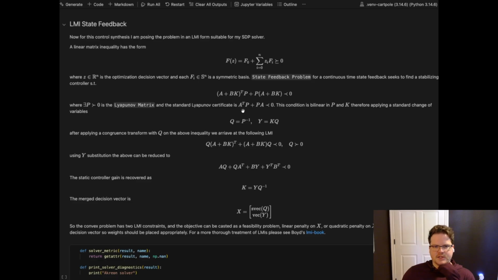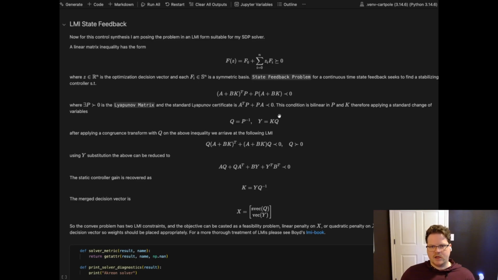So this is just, instead of A being an autonomous system, we have the closed loop feedback that we put in. And so it has to abide by the same principle here. Note in the standard form here, this is not convex. It's bilinear in P and K. So when you multiply the P into this parentheses and distribute the P, we get this bilinear term in P and K because we're trying to solve for both of them.